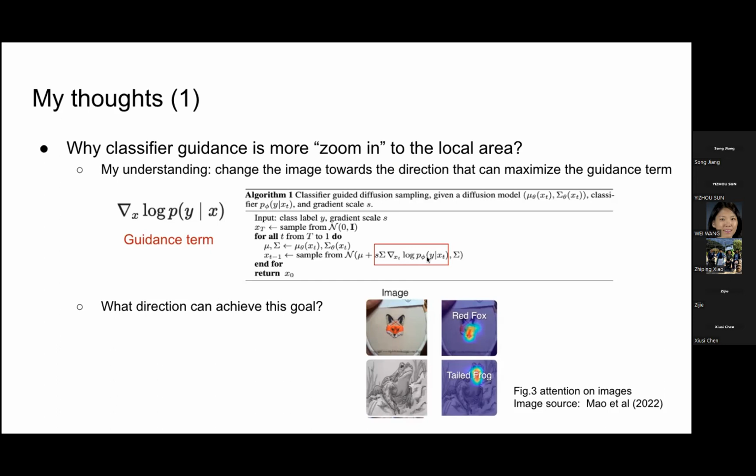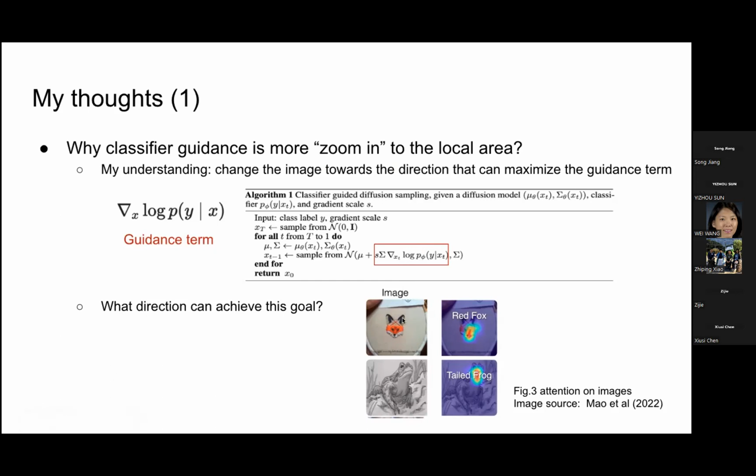So it means that we are trying to move towards the image area or the image direction that can maximize this classifier probability. So the question is, which local area or which part can maximize this P of y given x? And we see a lot of such examples.